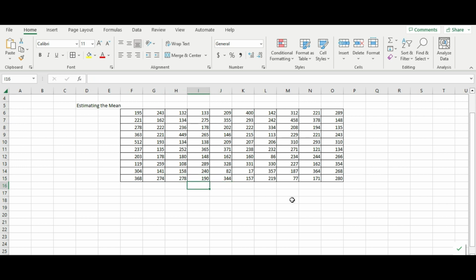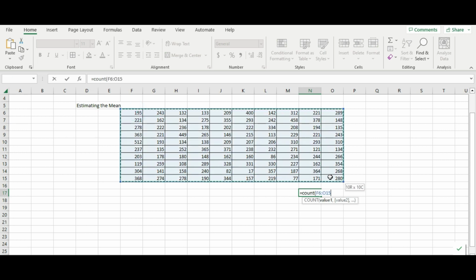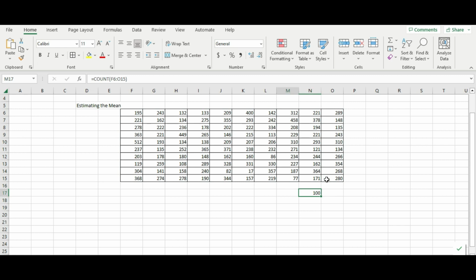So here we have given the total population, the total people. We will count all of this. So we have a total of 100 samples.